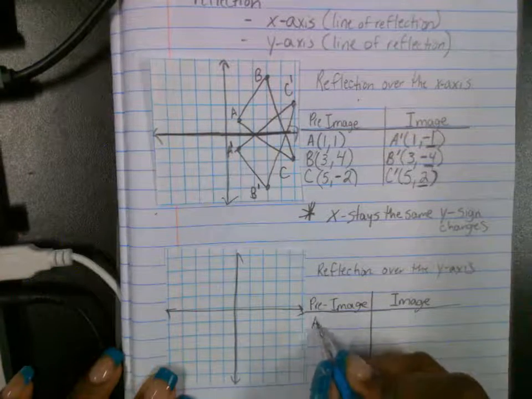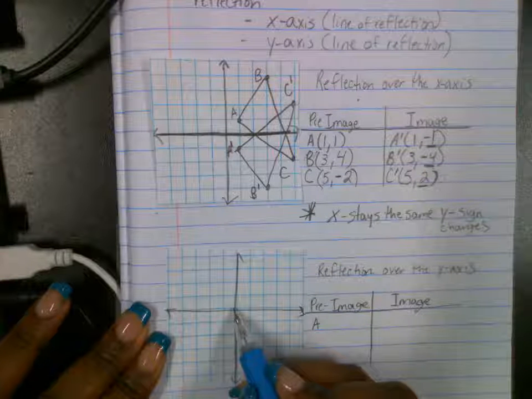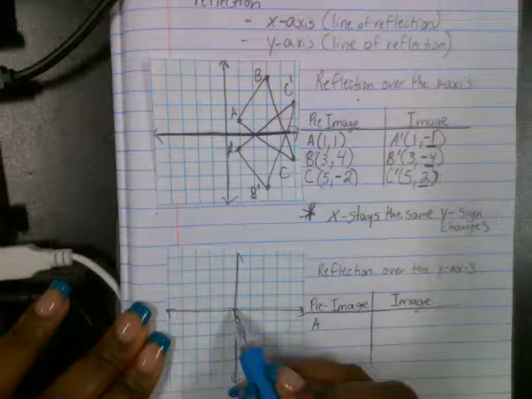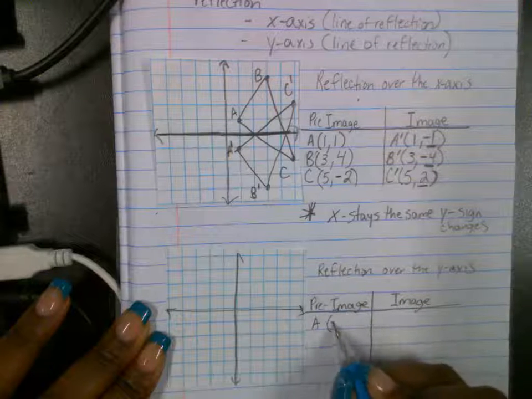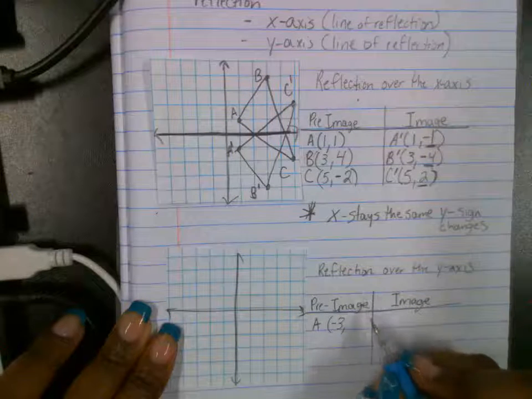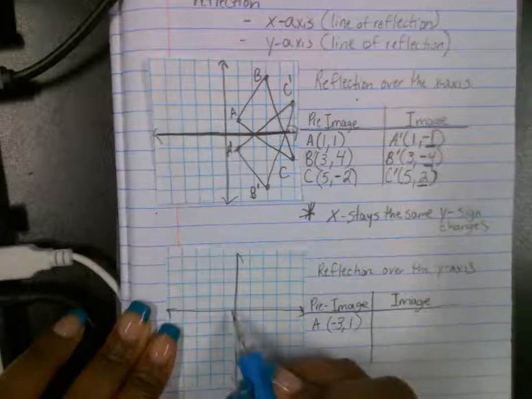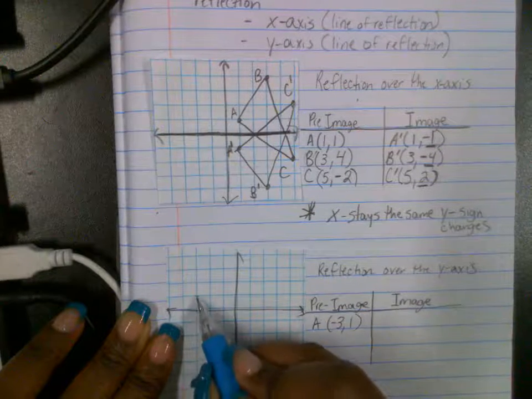So let's do A. Let's do A at -3 and +1. -3, 1, 2, 3, +1.